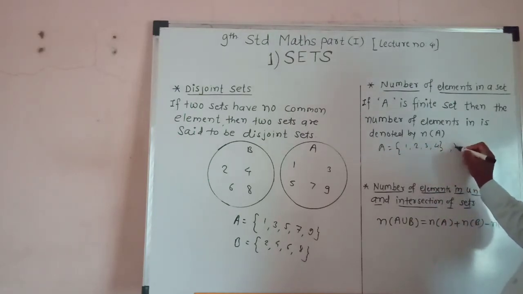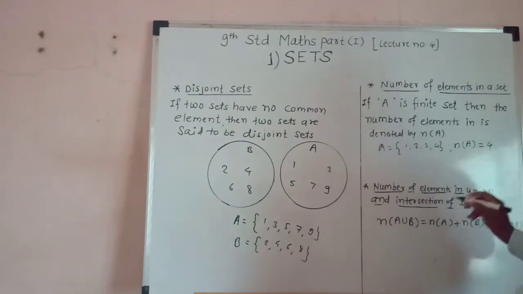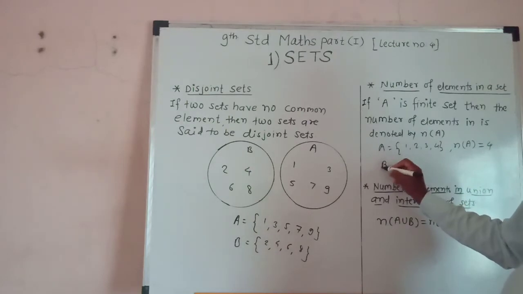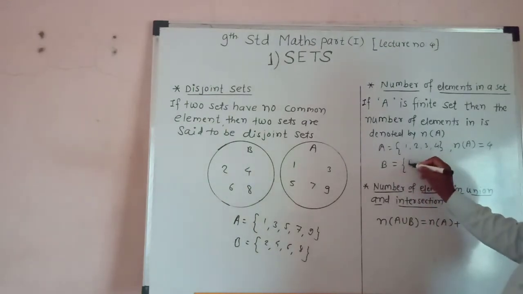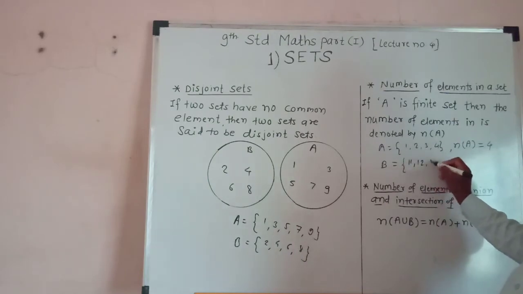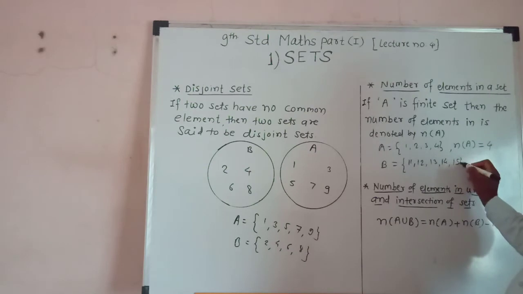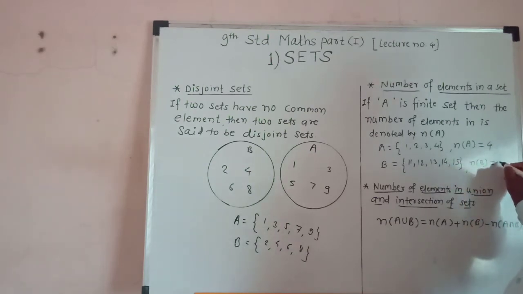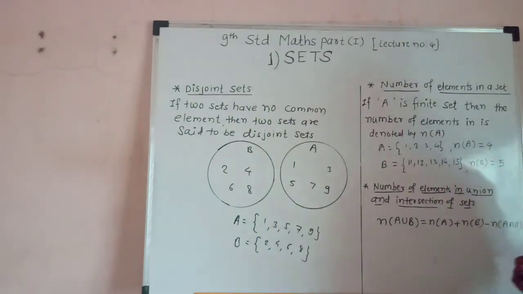Then the number of elements in this set is written as n of A is equal to 4. Suppose there is one more set B, and the elements of this set are 11, 12, 13, 14, 15. Then n of B is equal to 5.